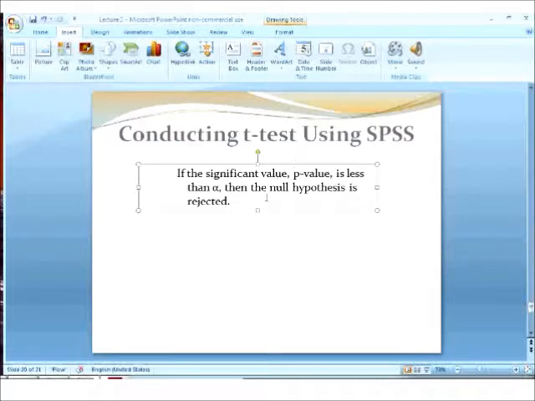If this p-value is less than your assumed significance level or alpha value, which is usually 0.05 or 0.01, then the null hypothesis is rejected in favor of the alternative hypothesis. That is how you interpret your results. Keep this in mind, and when we do the test, you will understand how we interpret it.